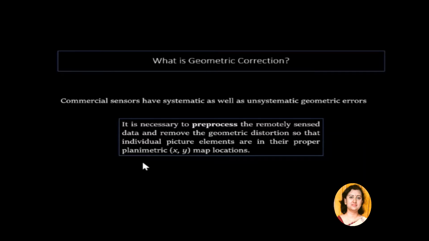Because when you are doing satellite image processing, there must be some objective, say object identification or classification or change detection. There are so many things that you may want to do with your image. So if you have a wrong latitude, longitude value of a pixel, then you cannot locate the object in the correct position.